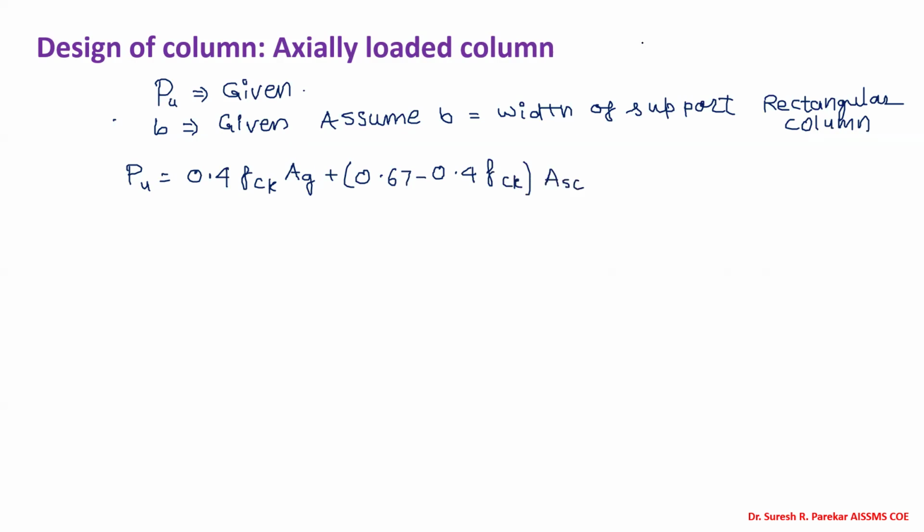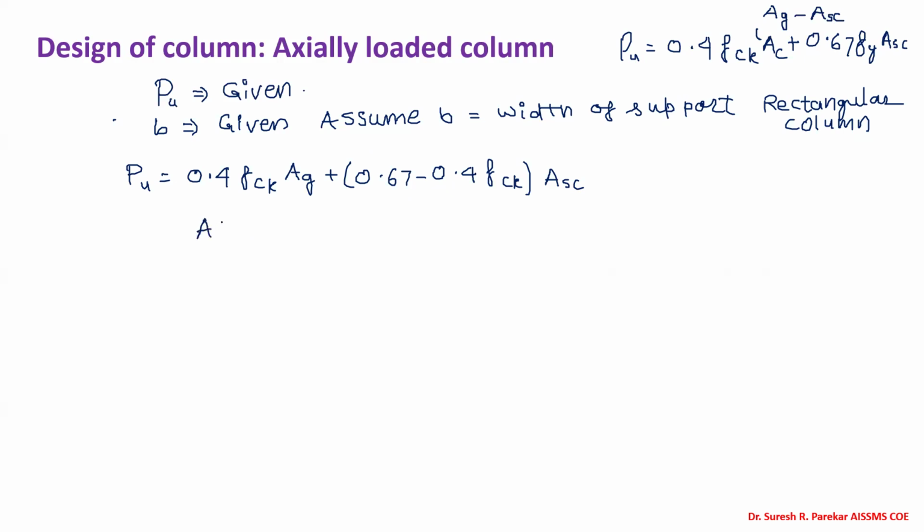So keep in mind, we have the formula Pu equals 0.4 fck Ac plus 0.67 fy Asc. I have put the value of Ac, that is area of concrete, equal to gross area minus area of steel.